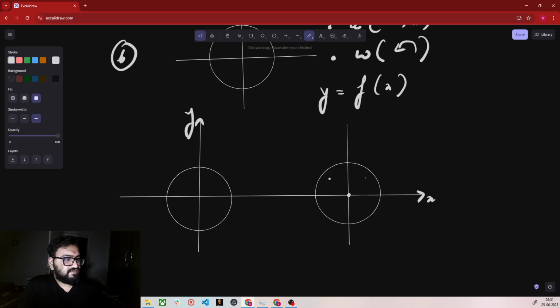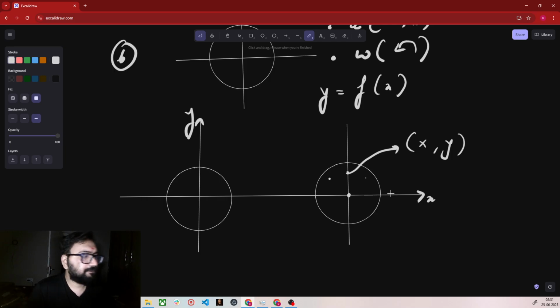So let's say this point is the instantaneous axis of rotation at time t, and it has abscissa x and y.